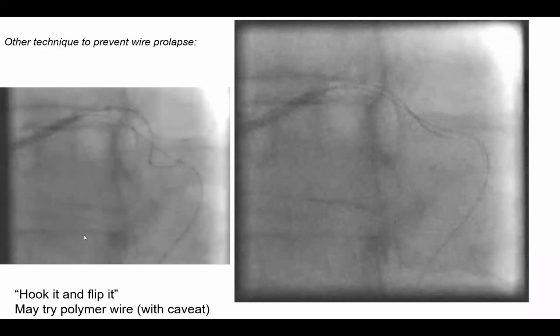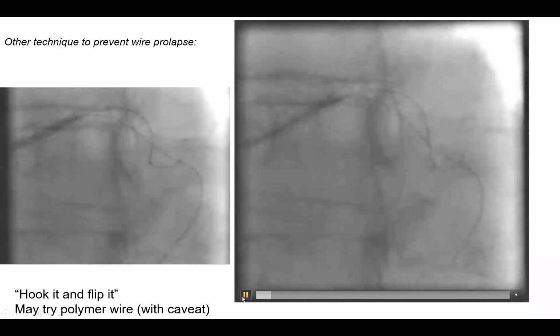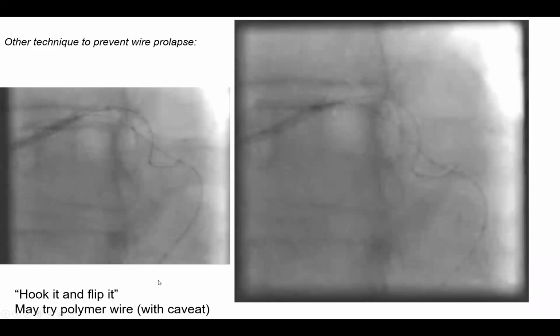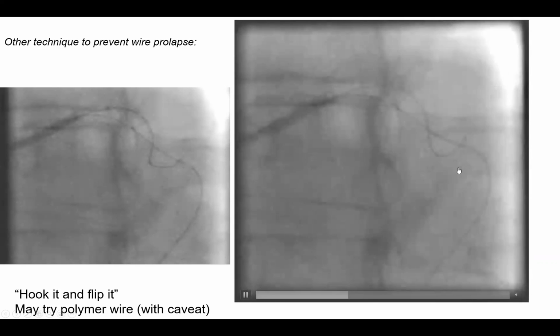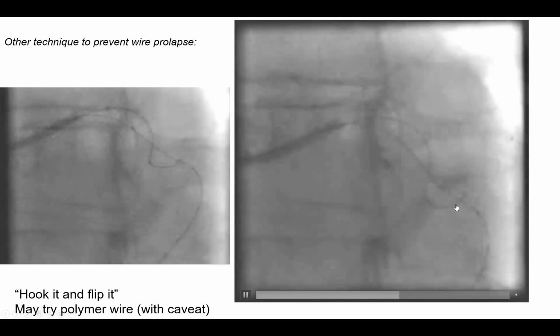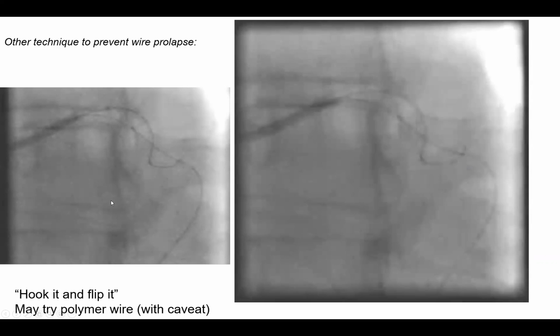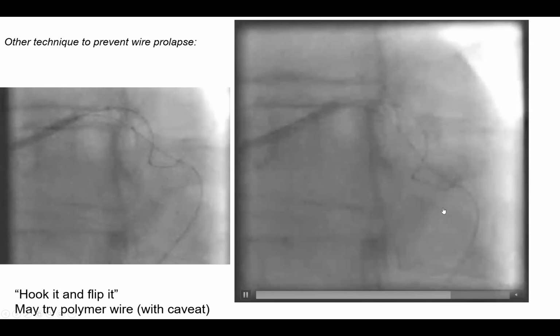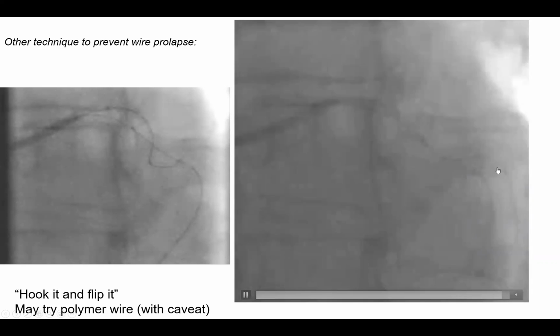This is another example. This is not a twin pass, but this is a nice technique I like that applies to how you wire side branches. It's called the hook it and flip it technique. So it's a very sharp side branch here and very tight. The way it was wired, you hook it, but it was hard to advance it. So after you hook it, you turn it around like a wheel and you wait for it to fall.